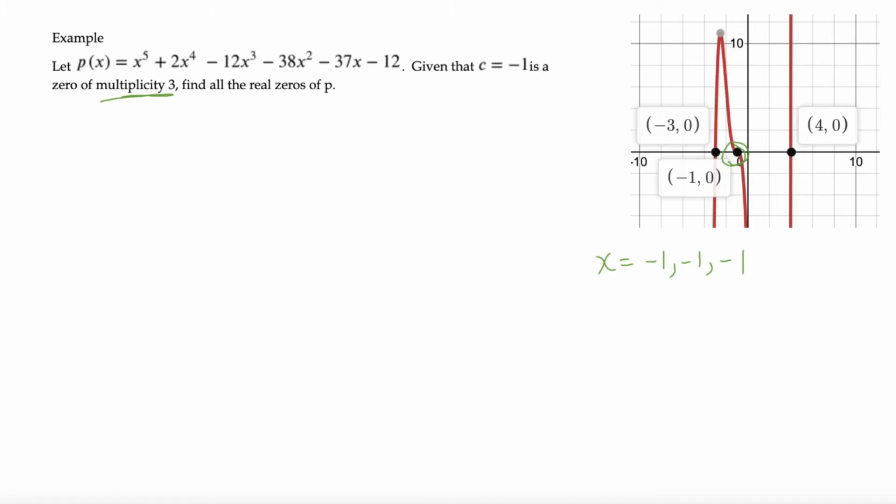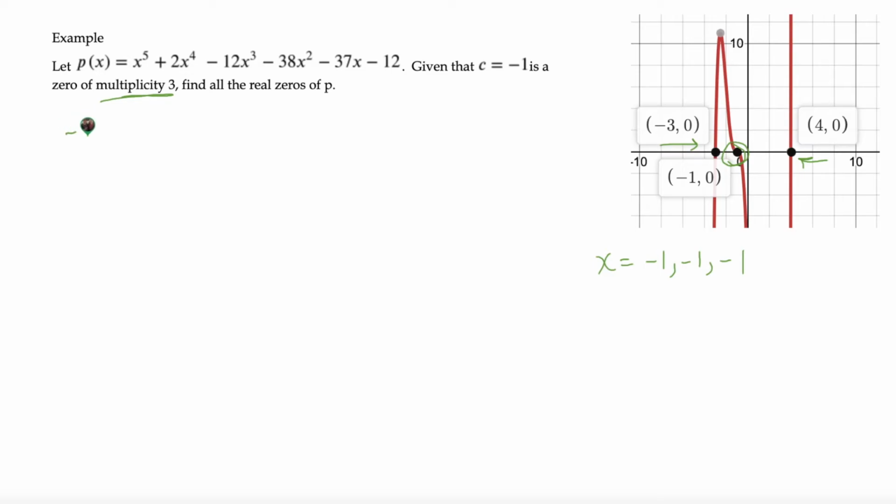I do see that I have 2 other solutions here that are nice whole numbers, thank goodness, that we can utilize to help us along. I could reduce my polynomial by dividing by -1 3 different times, and we'll do that so we can just get practice.